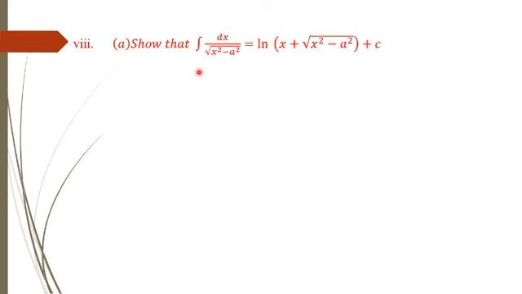We have a question: show that the integration of dx over square root of x square minus a square is equal to natural log of x plus square root of x square minus a square plus c.